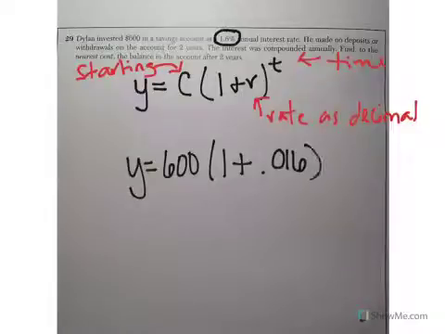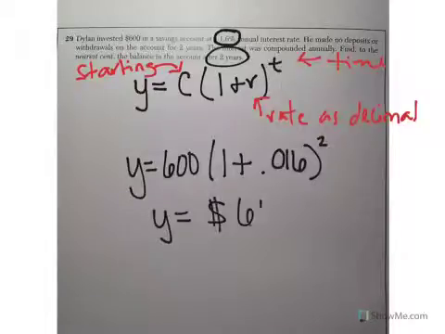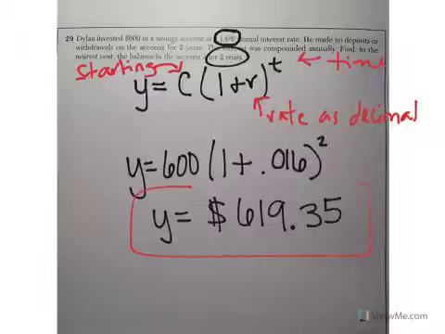We're going to raise it to the time, and we're talking about 2 years. We could type all of this into our calculator at once. Be sure to use parentheses, and you'll end up with y equals $619.35. So this is the money that Dylan will have in his account after 2 years.